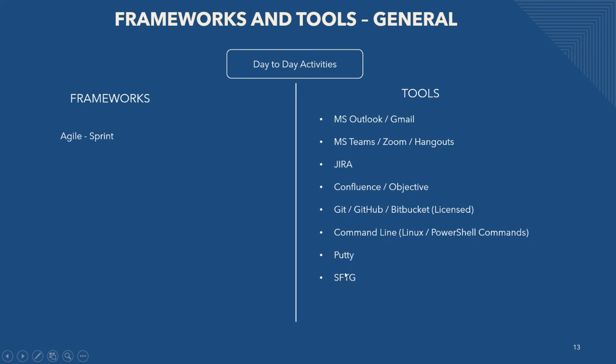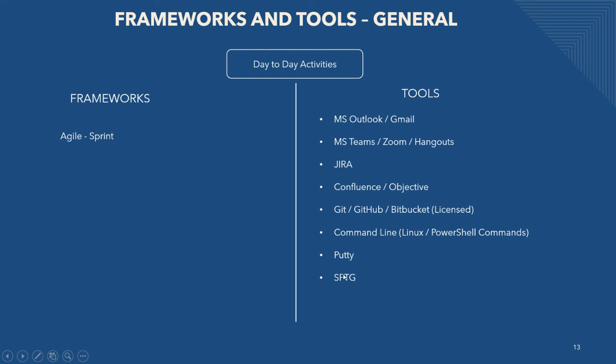SFTP is something where you need to transfer some files to the servers. Say, for example, in a shopping cart website, a new inventory comes in, and you have to push that new inventory file to your server. Then your code will look at that file, process it, and make sure the new inventory is available to the end users.